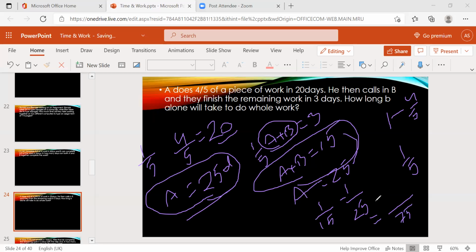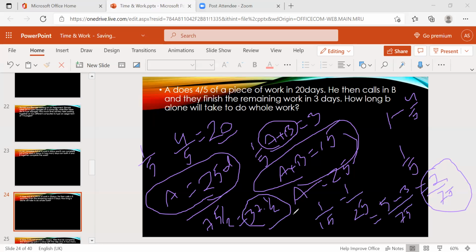It's nothing but 5 minus 3, so 2 by 75. 2 by 75, it means, so inverse. This is the efficiency of B, the 1 day work of B. And B's total work is nothing but 75 by 2. It's nothing but how many days? 37.5.